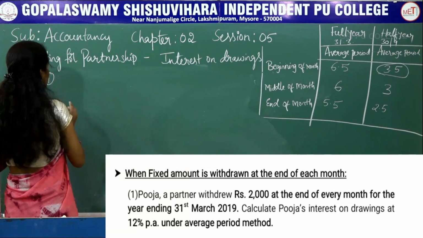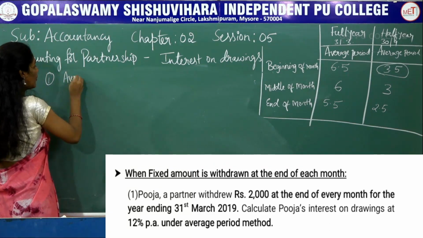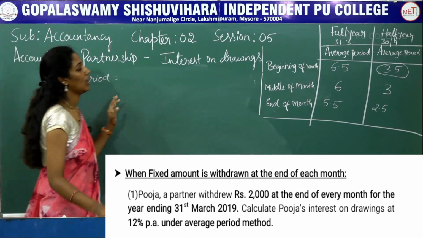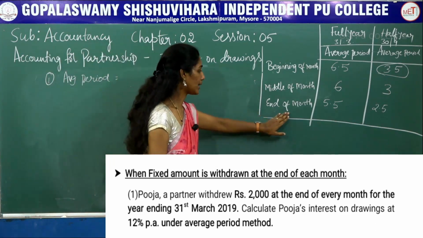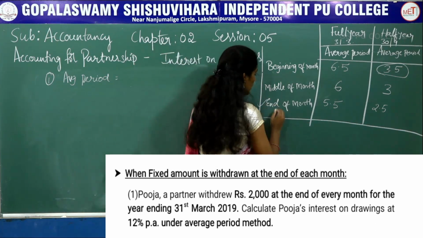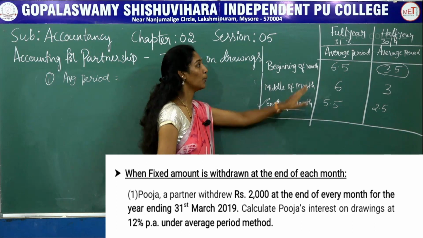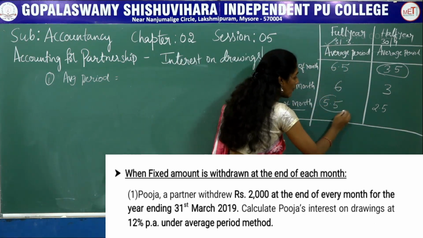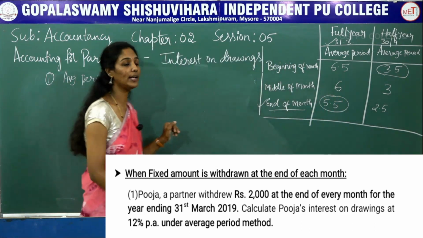As usual, the first step will be to find out the average period. Here the partner has withdrawn at the end of the month. So at the end of the month, with books of accounts closed on 31st March, the average period will be 5.5.